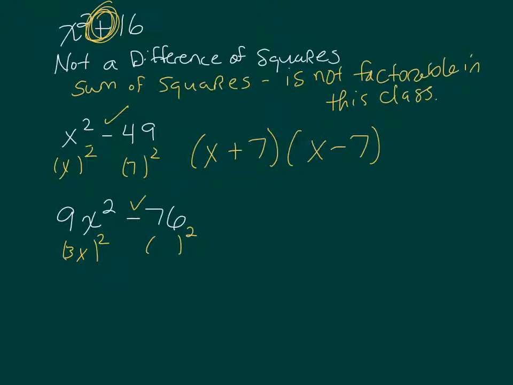Is there any whole number or integer that I can square to get 76? I don't think so. So 76 is not a perfect square. So we have to say that this is not factorable.